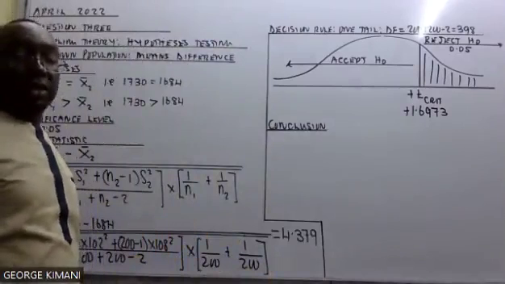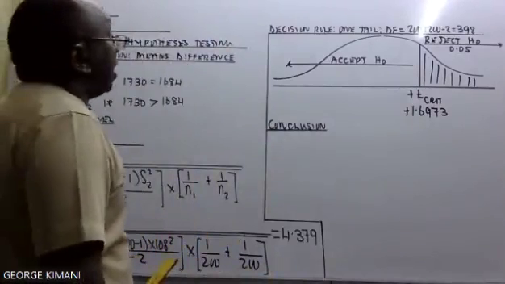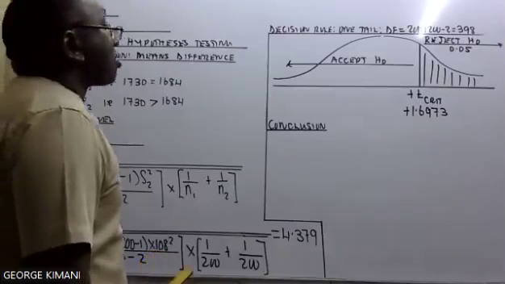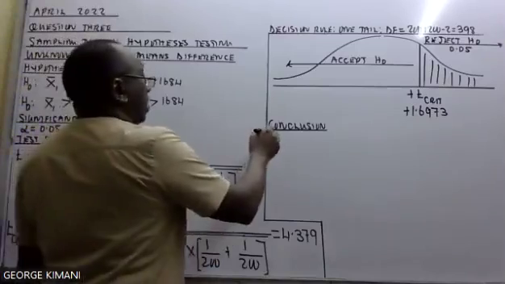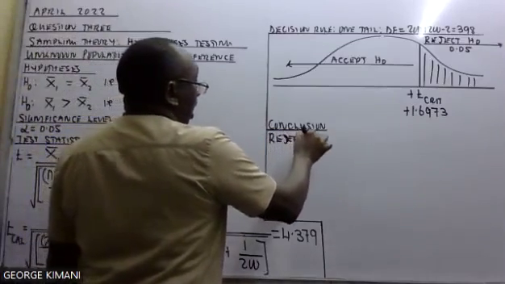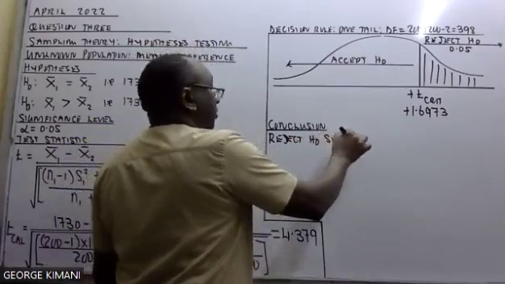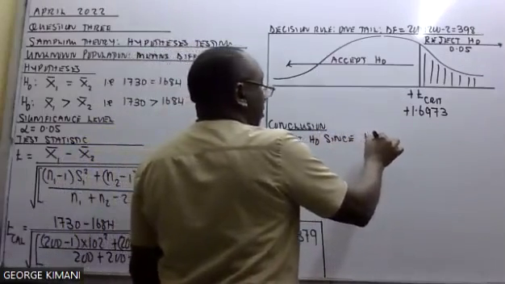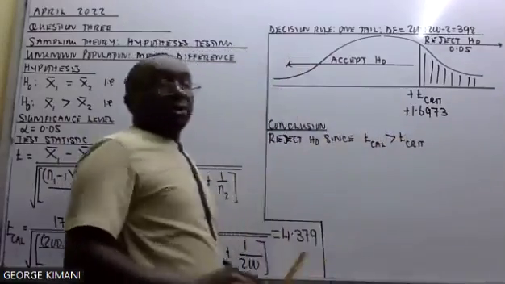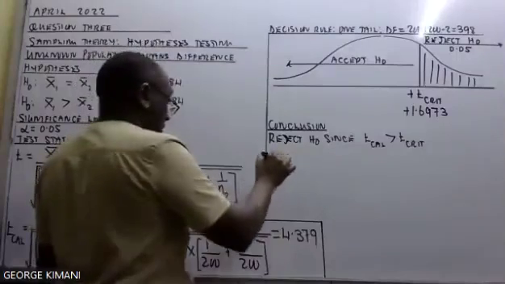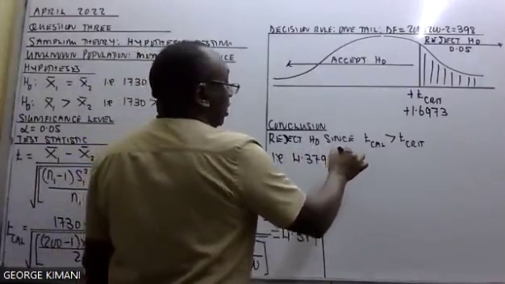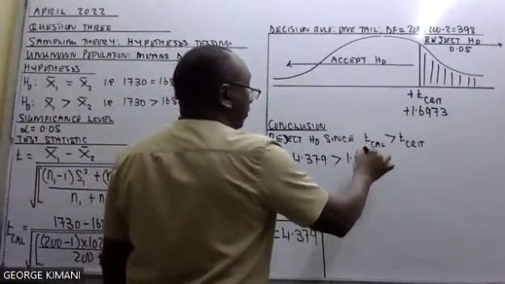And the conclusion that you can see here is we should reject null hypothesis since T calculated is greater than T critical. That is 4.379 is greater than 1.6973.